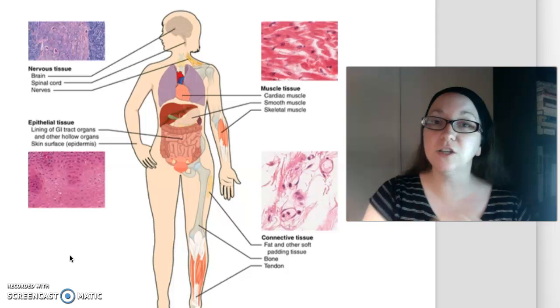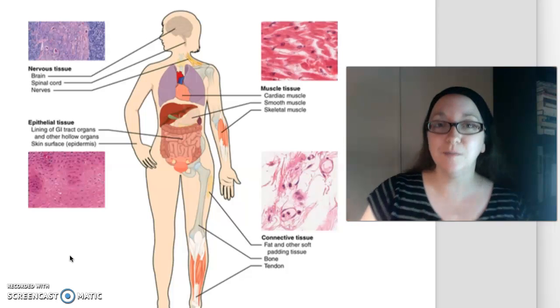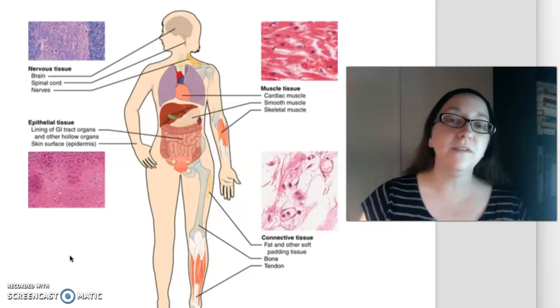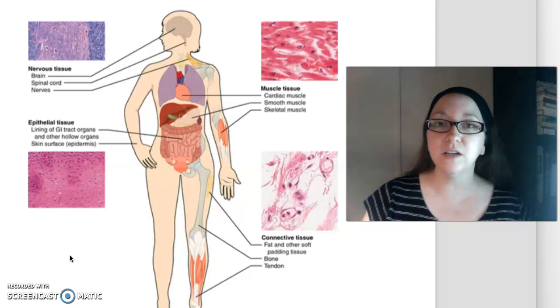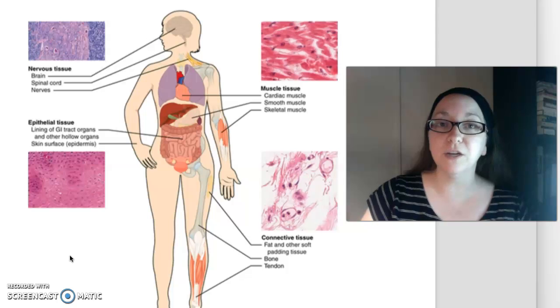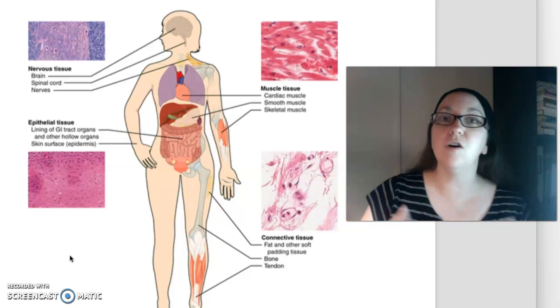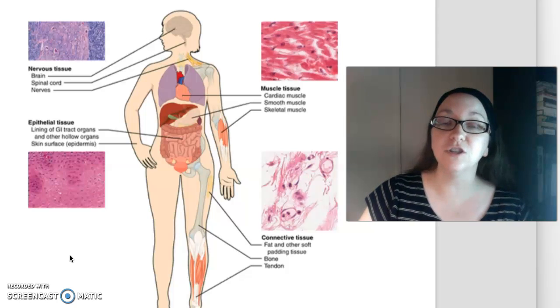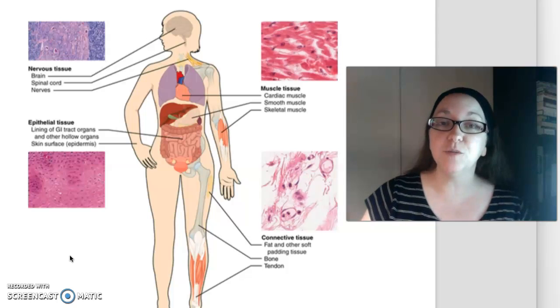Every cell is going to touch the next one because we're trying to make a barrier, right? You don't want gaps or holes. So your epithelial tissues are going to be very cellular. When you look at a picture of one, you're going to see a cell with a nucleus all over the place, all touching each other. They're also very avascular. There's not a lot of blood vessels going to those tissues. They have to be nourished by other tissues below or around them that have the blood vessels embedded.